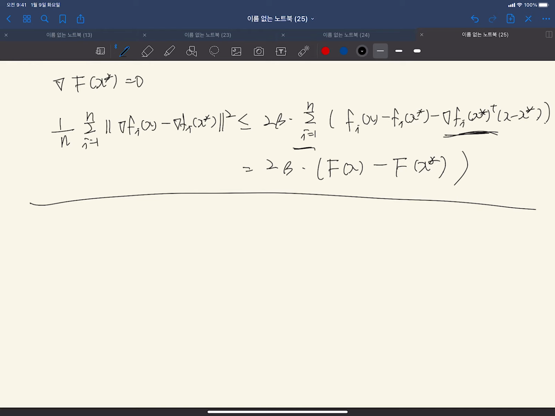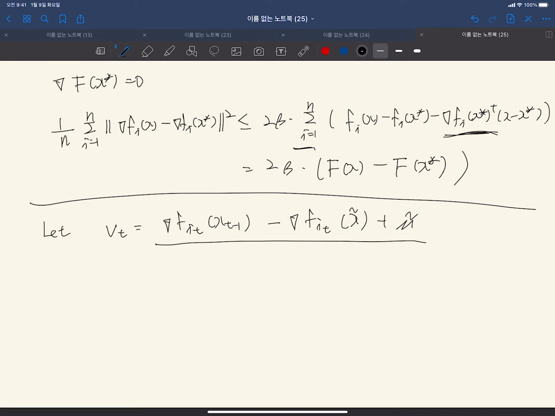So let's say v_t is equal to the gradient of f_{i_t}(x_{t-1}) minus the gradient of f_{i_t}(x tilde) plus mu tilde. That is the gradient update by one iteration of SVRG.